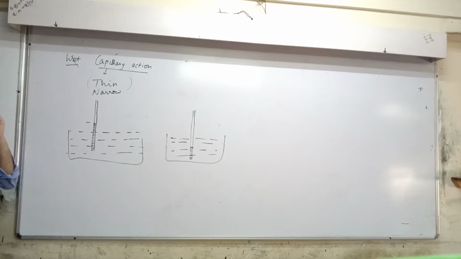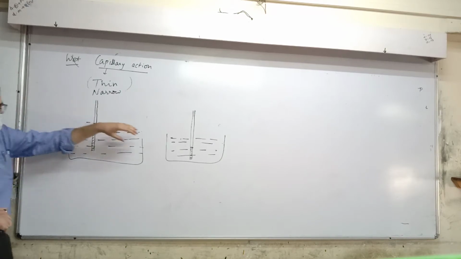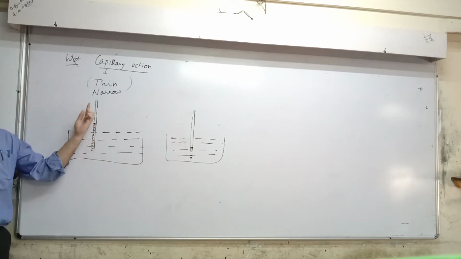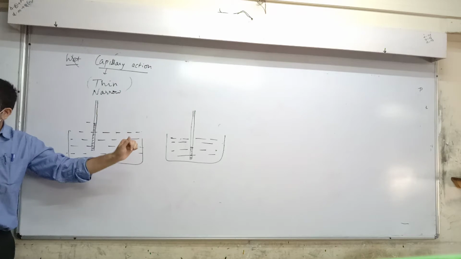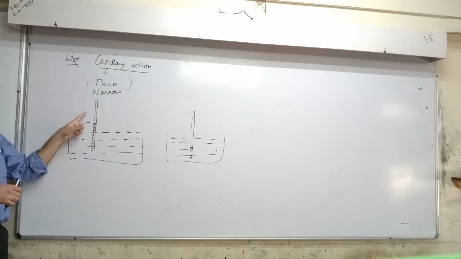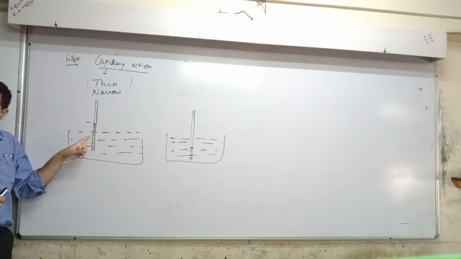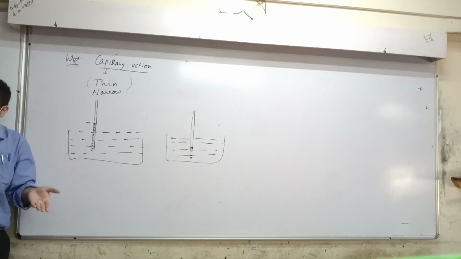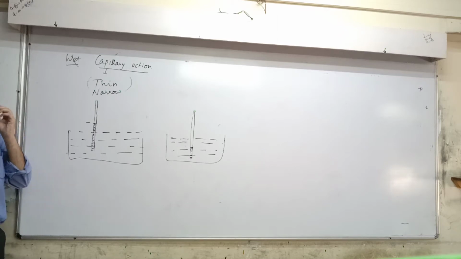Understood what I said? So this is what is called capillary action. Capillary action means when you dip a capillary inside a vessel, the liquid level inside the capillary will either rise or fall. It could remain same also. So basically something happens between the capillary and the fluid that either causes it to rise or fall. Now how much it rises, how much it falls, that's what we are going to find out.